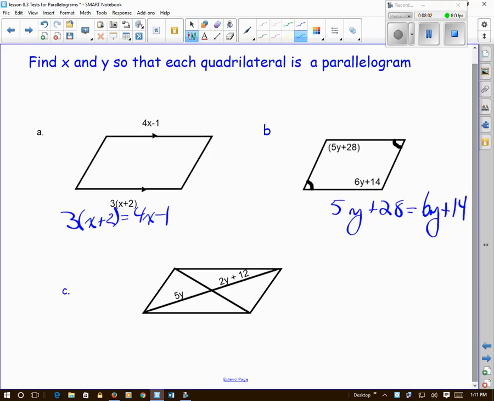And in C, we know the diagonals have to bisect each other. So the 5y has to equal 2y plus 12. Note that y being that value would not be sufficient to make that a parallelogram because we don't know anything about the other diagonal.